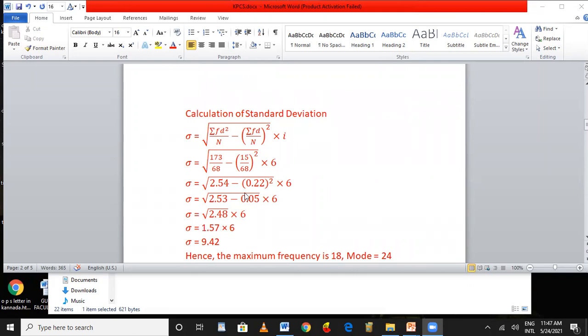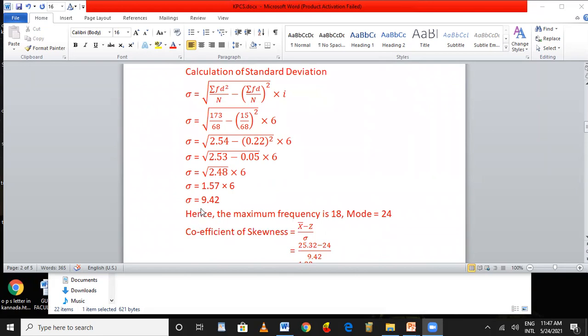Then deduct: 2.53 minus 0.05 comes to 2.48. The root of 2.48 is 1.57. Then outside 6 is there, so you have to multiply 1.57 into 6, so you get the standard deviation as 9.42.